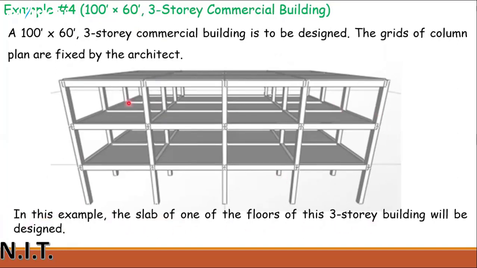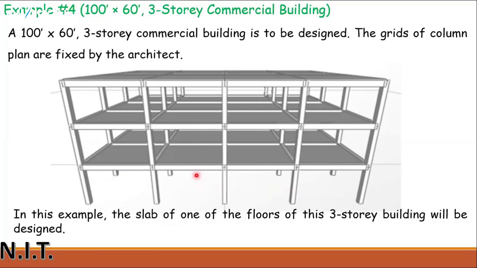In this building, we will only design the one floor slab. These are the 3 floors, as you can see, floor 1, 2, and 3. So we will try to solve only one floor slab, and then we will also solve the columns and the beams lying beneath these slabs.